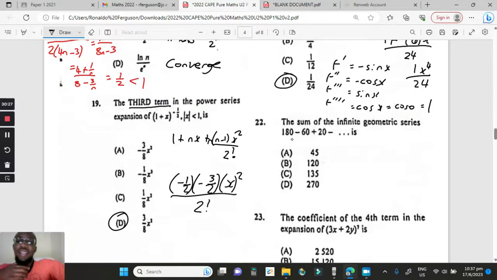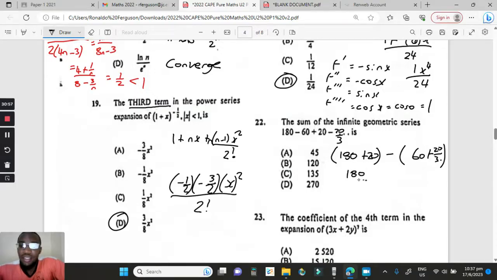I remember this, and I think it's 135, but how I usually like to do it is, this is 180, divided by 360, divided by 3 is 20 over 3. I always split them up as the plus side first, so 180 plus 20, continuing. Then the minus next part is 60 plus 20 over 3, continuing. So for this part now, I notice a is 180 over 1 - r. 20 over 180 is 1/9, minus this part is 60 over 1 minus, I think the same common ratio, 1/9.